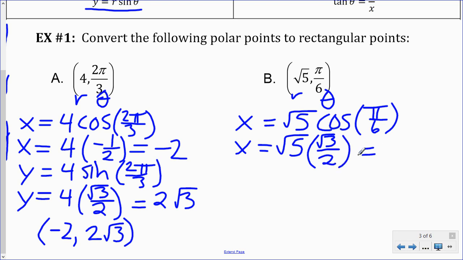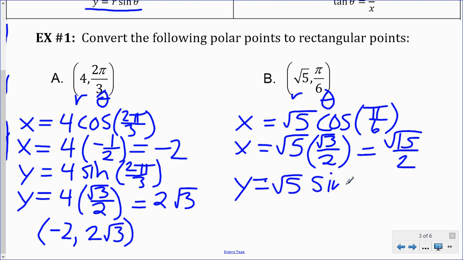Well, if we multiply straight across, we're going to get square root of 15 over 2. Okay, the y coordinate is going to equal r, which is square root of 5, times sine of pi over 6. And sine of pi over 6 is equal to 1/2.